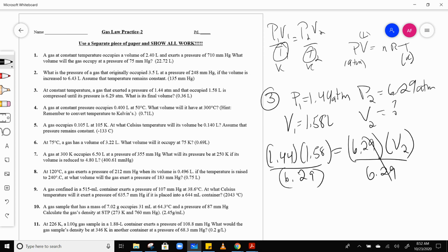Doing the math, 1.44 times 1.58 divided by 6.29, I got V2 to equal 0.36. The units originally were liters, so it's that many liters.